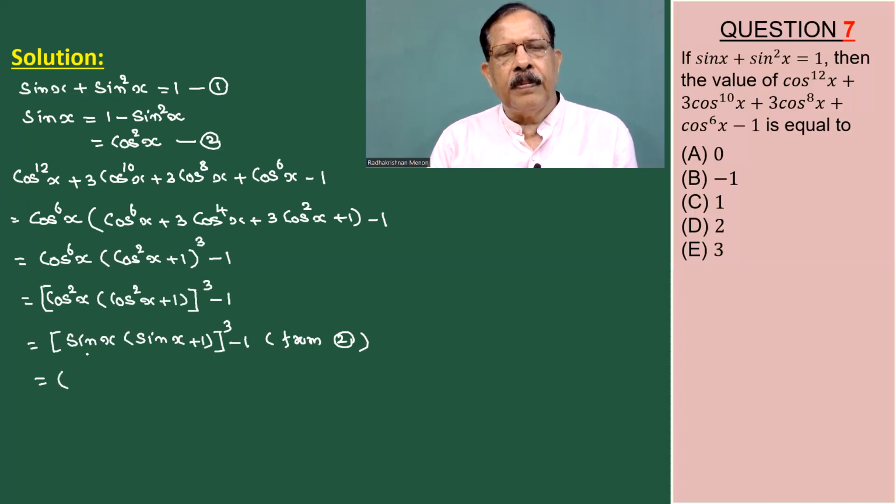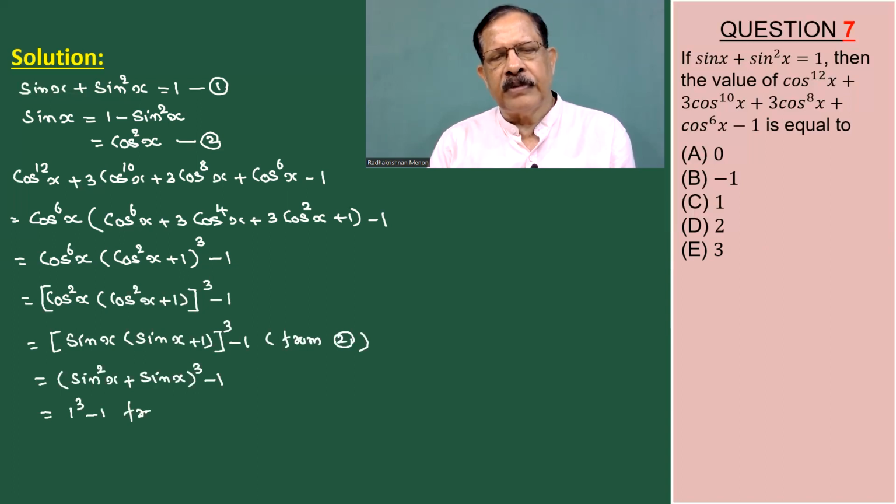Now I am opening the bracket, so we are getting sin squared x plus sin x, the whole cubed, minus 1. But sin squared x plus sin x is 1 from equation 1. So I am writing this as 1 cubed minus 1, which is equal to 0.